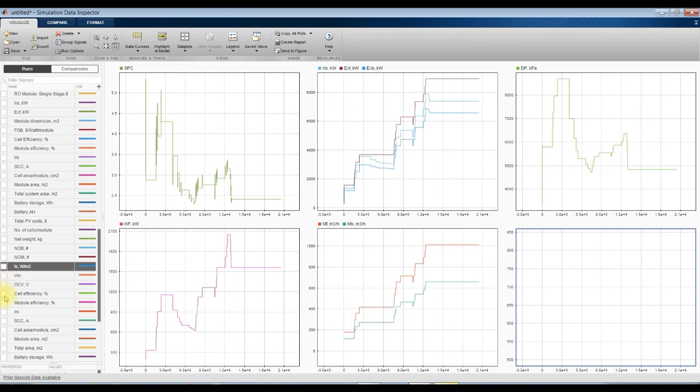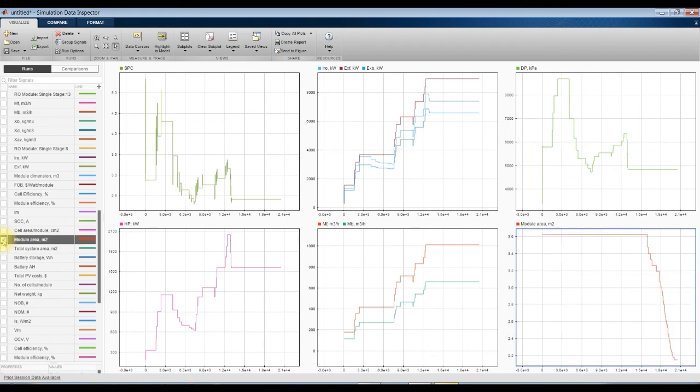Okay, total system area, I think this one. Yes, this one. Module area. Yes, module area is decreased because we increase solar radiation.